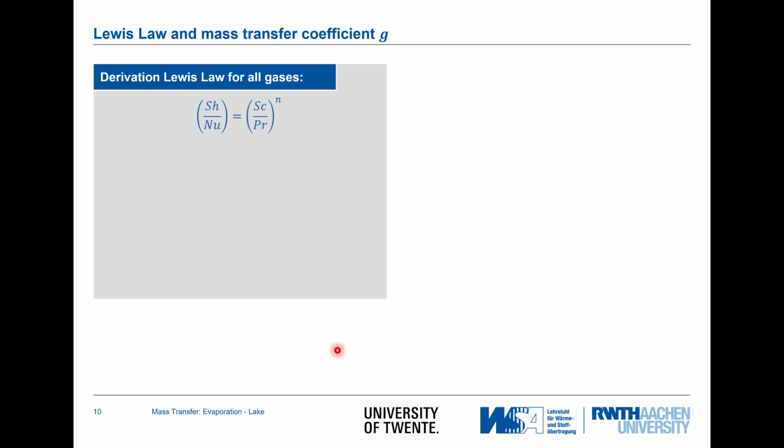For this, we need to look at the Lewis law for all gases. And we had stated that when we have strict analogy, Sherwood over Nusselt is a ratio that can be expressed by Schmidt and Prandtl. And we came then up to an expression that the mass transfer coefficient divided by heat transfer coefficient divided by specific heat capacity is Schmidt over Prandtl to the power n minus 1.